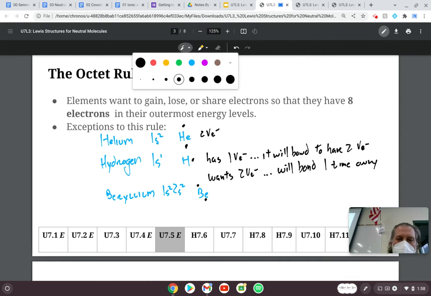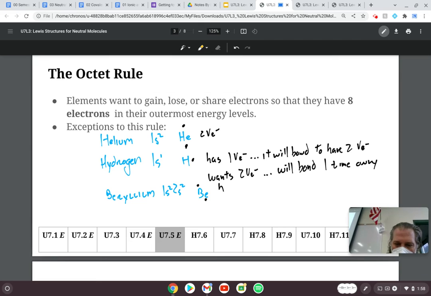So beryllium has 2 valence electrons, which means it can bond, or will bond, 2 times.